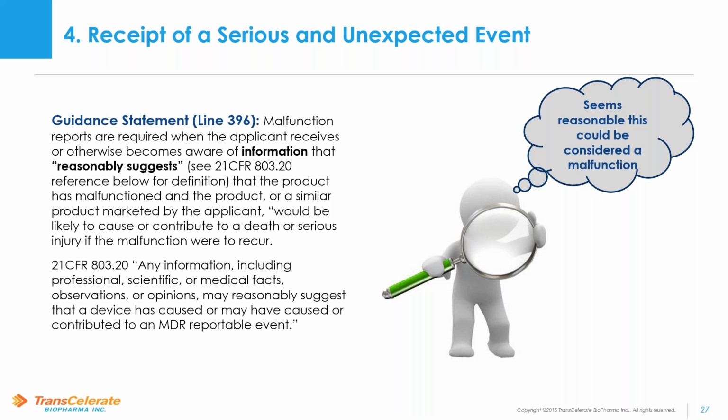One thing of note in this section is information including professional, scientific, medical facts, observations, opinions may be enough to reasonably suggest that your device may have caused or contributed to a reportable event. So as such, a return complaint sample is really not always needed to determine that the event is reportable. And in those cases, awareness of the complaint may represent your day zero of the reporting timeline. Next slide.